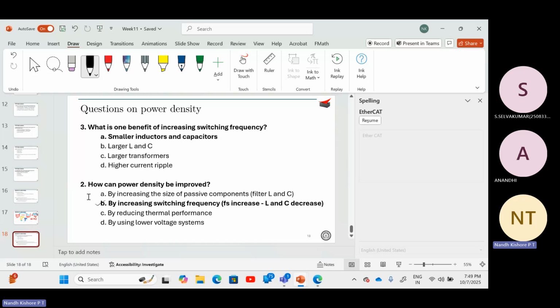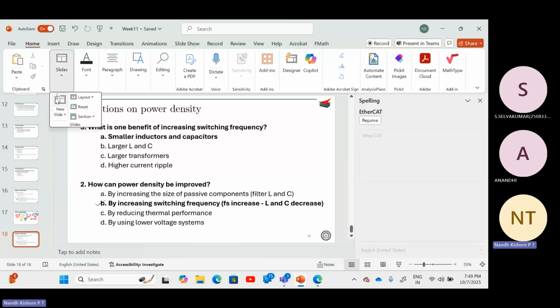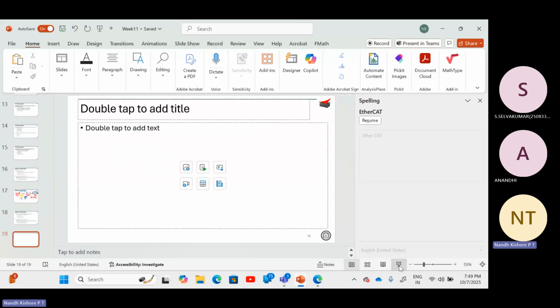So can you tell me about the current ripple? If I have a fixed value of L, a fixed value of inductance, what happens to the current ripple? I will give you two cases.